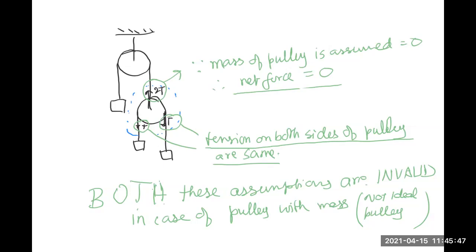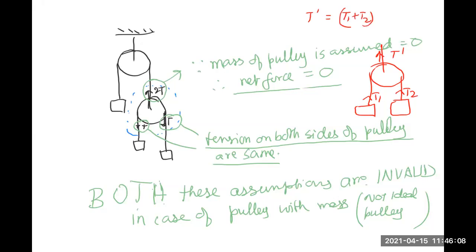So let me draw it like this. So you will be writing here T1, you will be writing here T2, right? And you will be writing here T dash, where T dash will be equal to T1 plus T2 plus minus mg.